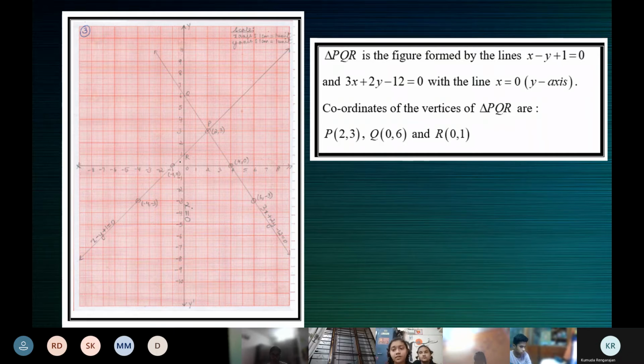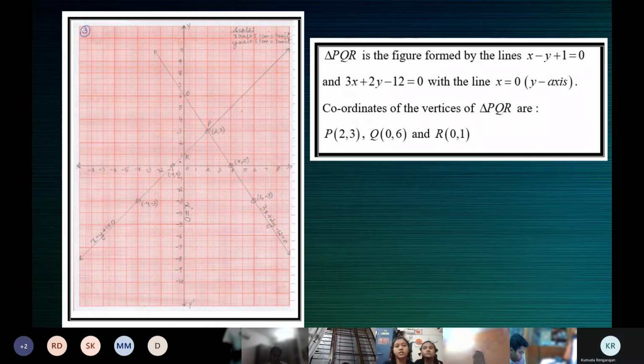Ma'am, Harini. Harini. I got it from Sneha. Ma'am, before that I have sent mine. Oh, the one before Sneha's is yours, is it?